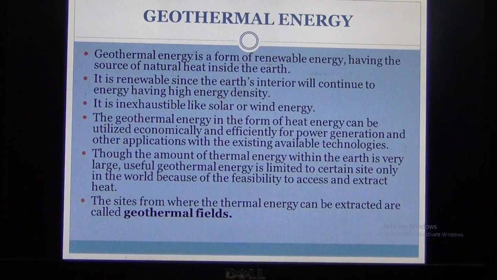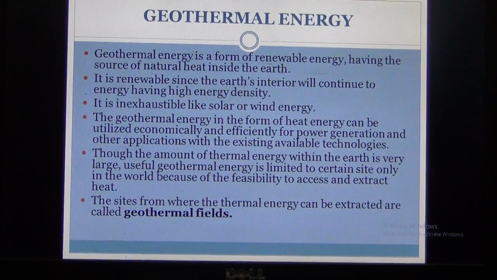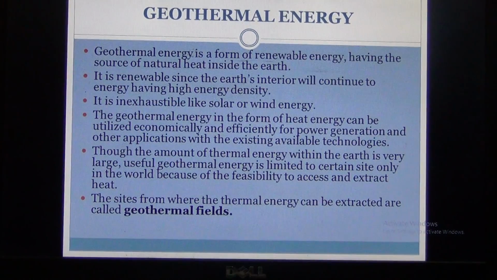outside. The geothermal energy in the form of heat energy can be utilized economically and efficiently for power generation and other applications with the existing available technologies. The amount of thermal energy within the earth is very large. Useful thermal energy is limited to certain sites only in the world because of the feasibility of access and extraction of heat.